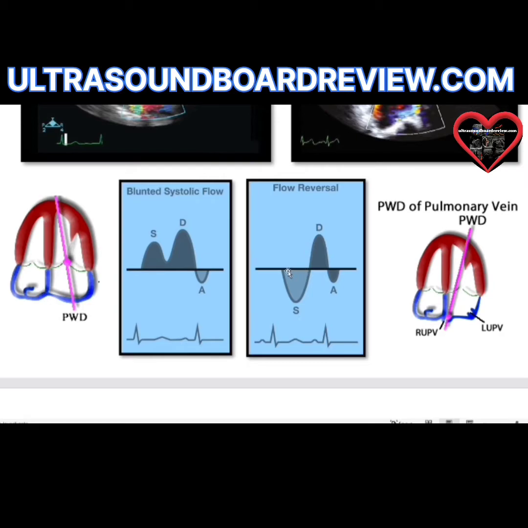And if it's reversing during systole, it's probably severe. Because this waveform should be above the baseline and taller than the D wave. The S stands for systole, D stands for diastole, and the A stands for atrial kick. So this here is normal. The atrial kick is normal. That should happen, but this should not happen.